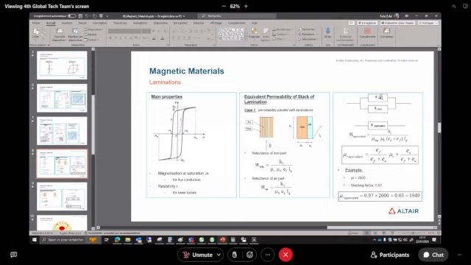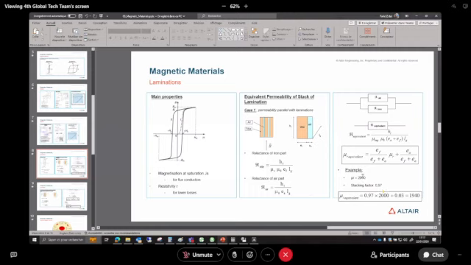I can compute, like for an electric circuit, an equivalent reluctance. Then from this equivalent reluctance, I can compute an equivalent relative permeability. This relative permeability actually depends on the geometric parameters, because the reluctance itself depends on the geometric parameters of our lamination here.